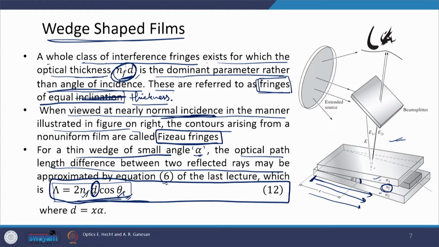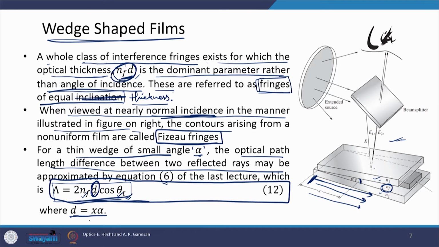NF is the film refractive index, but what is d here? d is the thickness, but thickness is varying as you move away from the line of contact. Therefore, d is expressed by this relation, d is equal to x into alpha, where alpha is a very small angle.